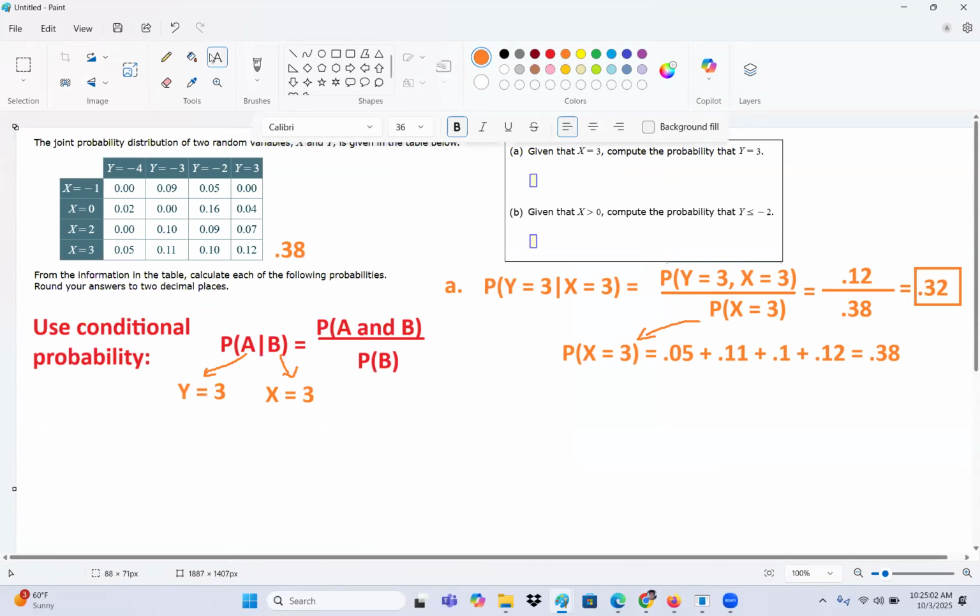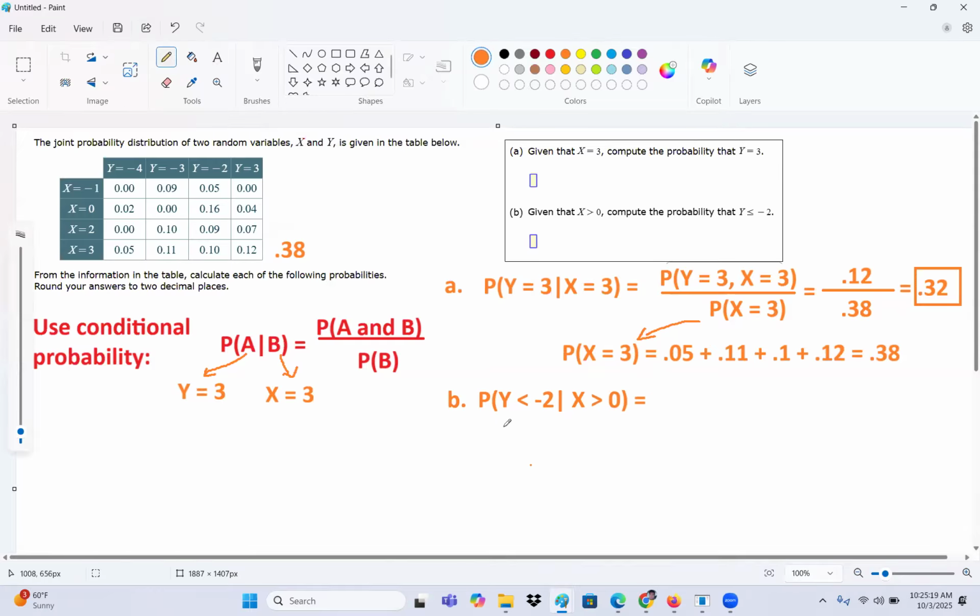And then we can also do part B, where we want to compute the probability of y less than or equal to -2, given that x is positive. So this one is kind of a tricky question. Given that x is positive, we take the whole thing.